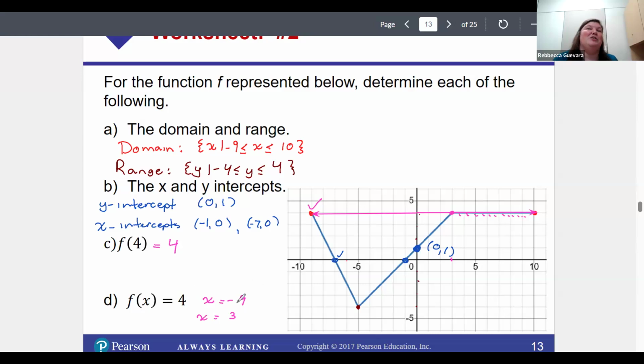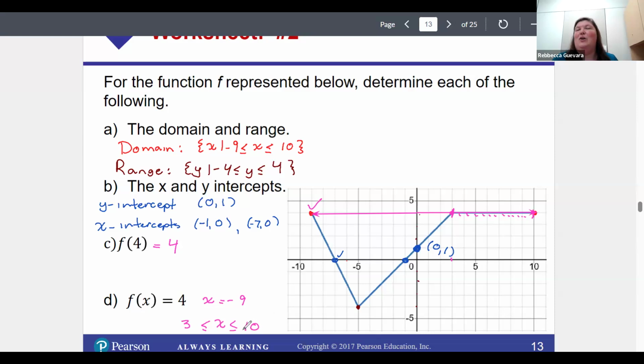So sometimes when we have a solution, it could be a point. This one was just a little weird, to show you that things aren't always nice and neat. Because we have all these x values in here as a solution, the solution could be x is equal to -9, or x is any value from 3 to 10.